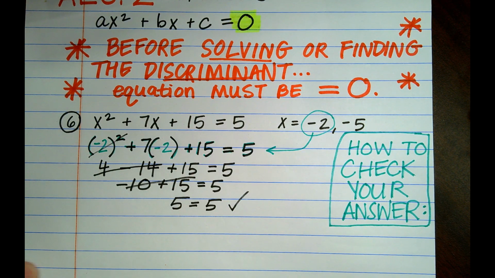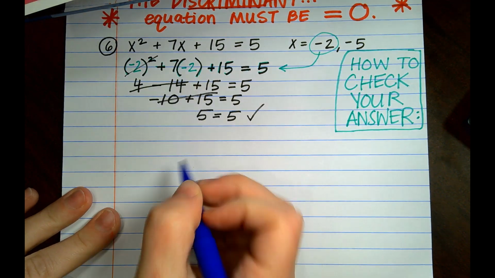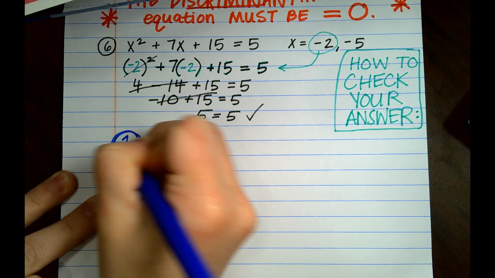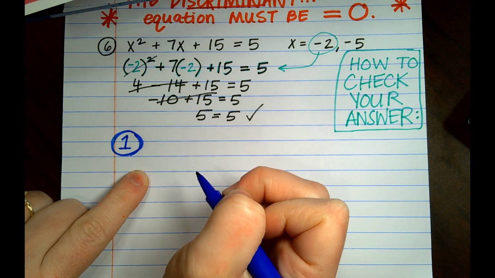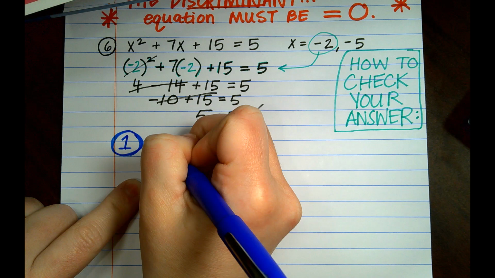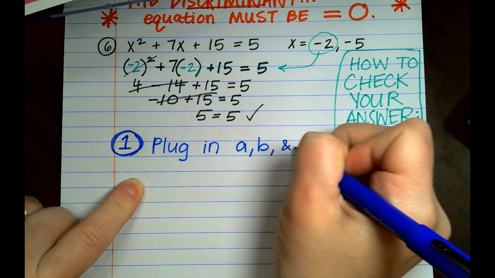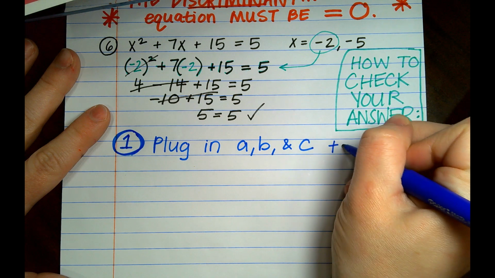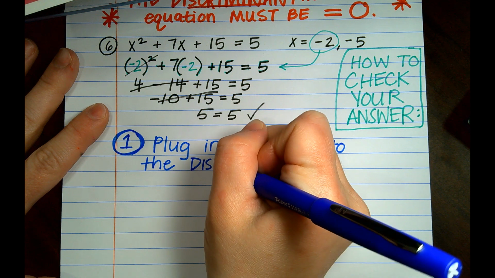Then we can find A, B, and C. Now, after you do that, step 1 will be to plug in your values of A, B, and C to the discriminant formula.